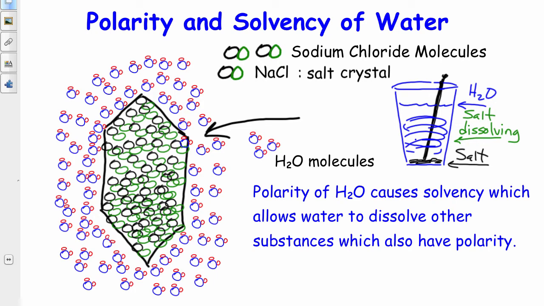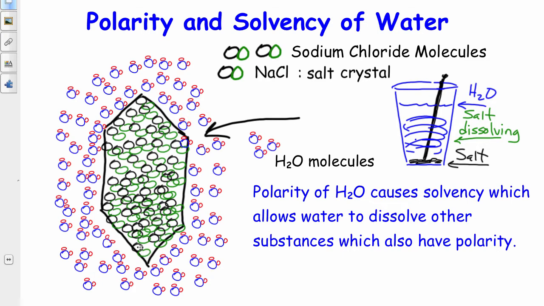So this sketch is pretty simple and straightforward, and I think you'll get the idea of what happens. When we have water and we put something like salt in it, you'll get one little salt crystal that will have water molecules all around it.